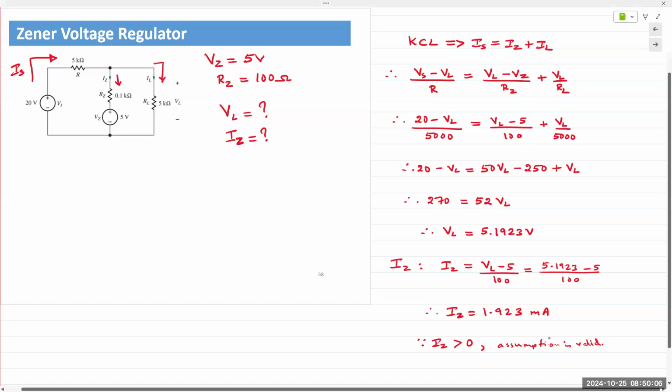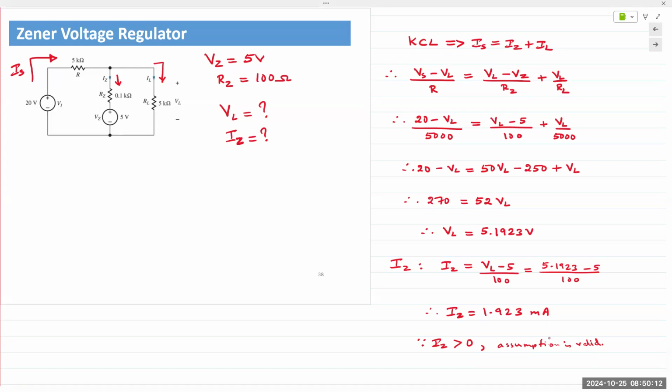One final point I'd like to make about Zener regulators, or just voltage regulation in general. There are two kinds of regulation: load and line. Load regulation means if the load changes in value, how does my output voltage change? There's a parameter used to describe that, known as load regulation.